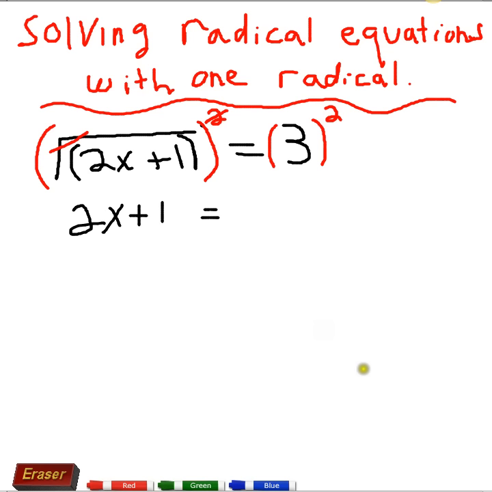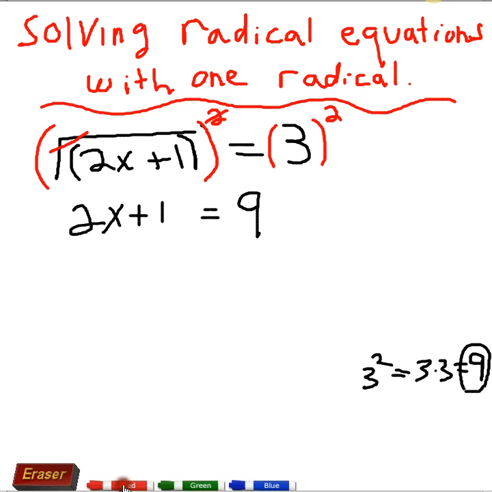Well, 3 squared is equal to 3 times 3, which is 9. So our right side is 9. So now we're left with just a normal algebraic equation.